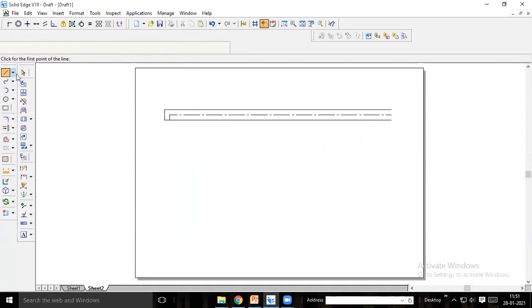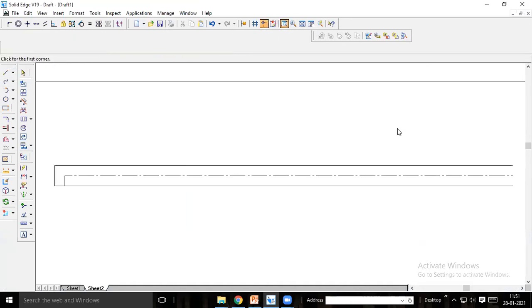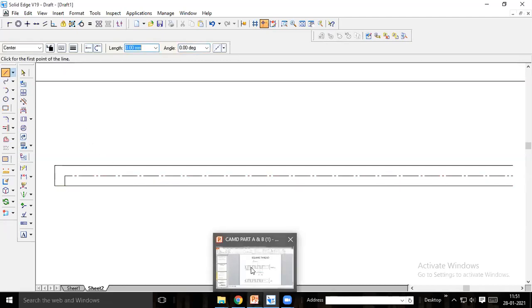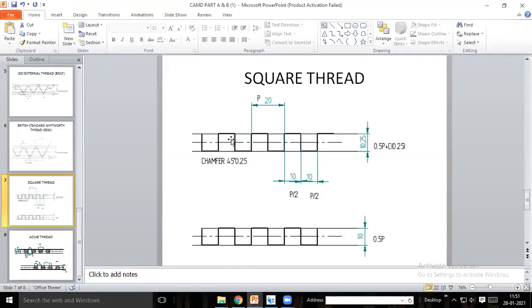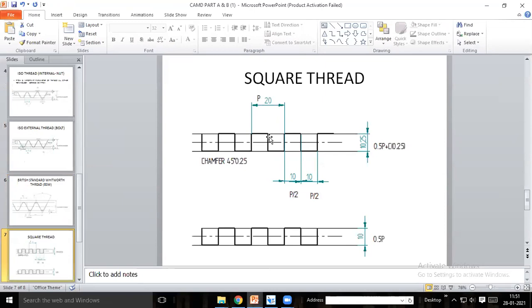So while drawing the profile here, first I will draw like this. Here you see there is no angle between the flank faces. It is not a V thread. ISO and BSW are V threads. This is a square thread. Square thread does not have any angle between the flank faces.